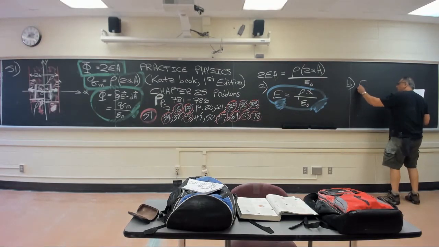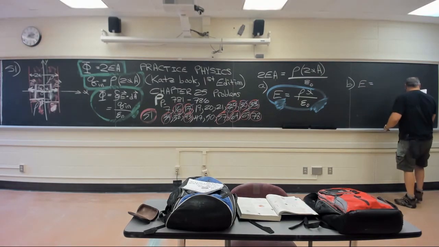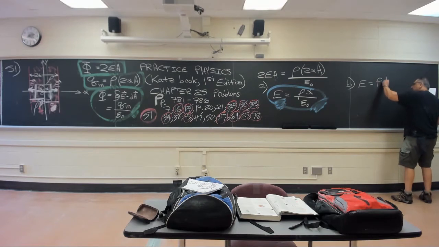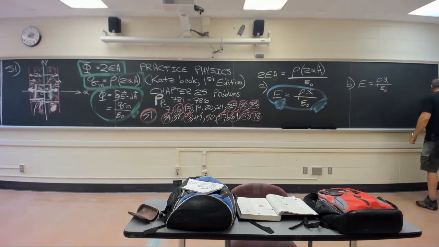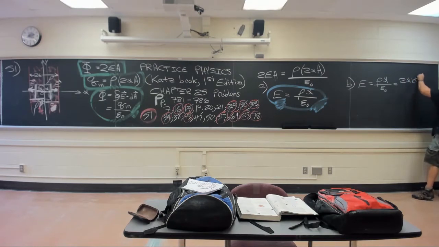What they're saying is, they gave us 2 microcoulombs per cubic meter. Okay, keep the MKS system of units. You have to convert microcoulombs into coulombs, and per cubic meter is already MKS.